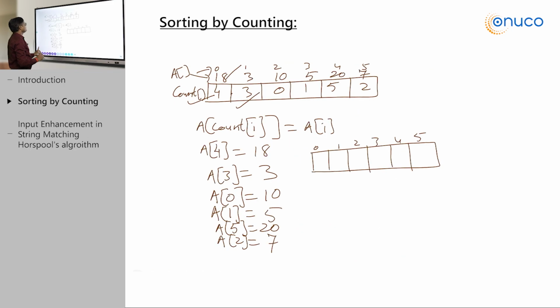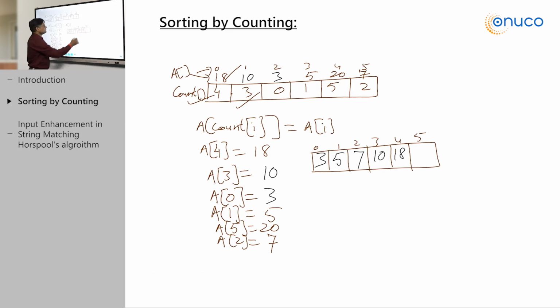Sorry, the result is: A of 0 is 3, A of 1 is 5, A of 2 is 7, A of 3 is 10, A of 4 is 18, and A of 5 is 20.